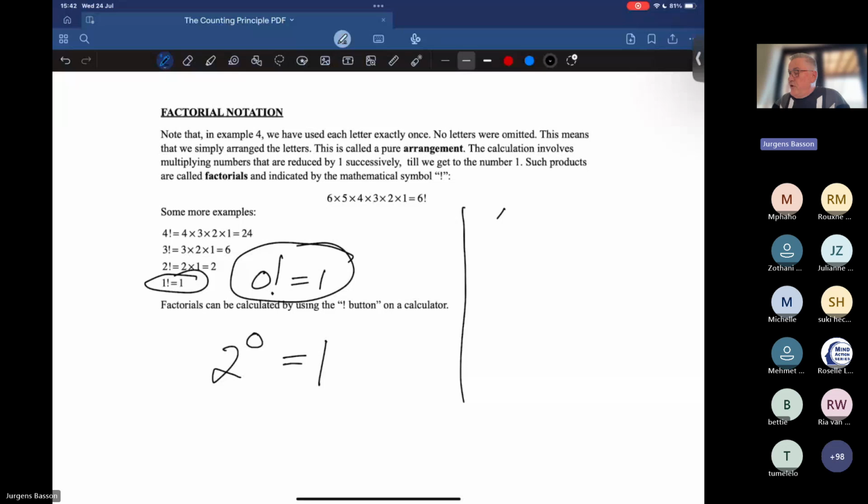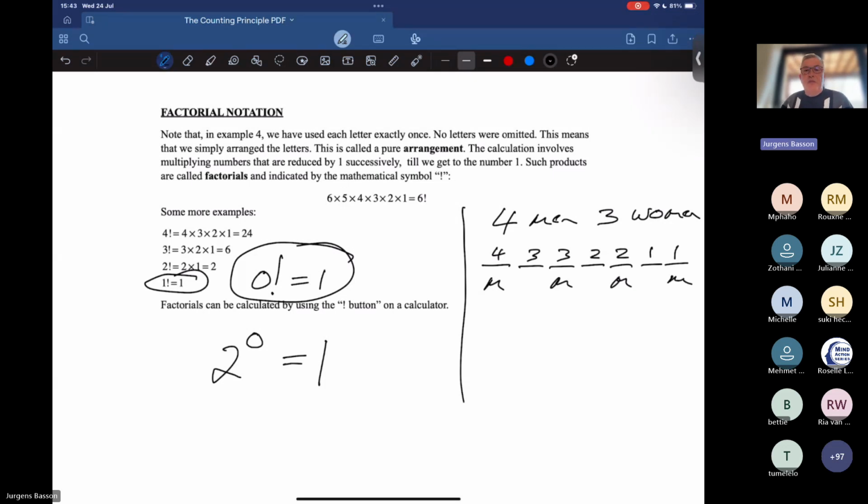I say we've got 4 men, 3 women, and I want them to alternate. Now, if I alternate 4, 5, 6, 7, then it is 4, 3, 2, 1 for the males, and then 3, 2, 1 for the females.